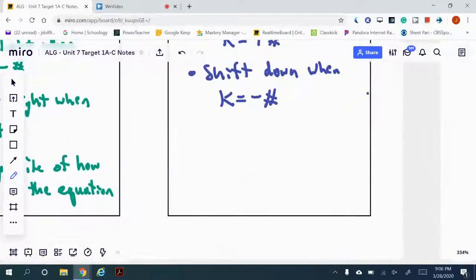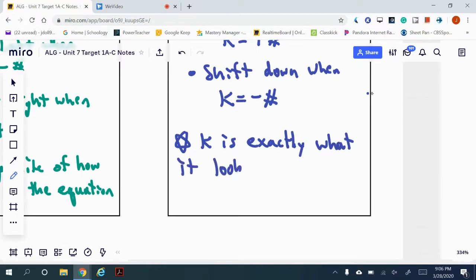Now, K actually is exactly what it looks like in the equation.